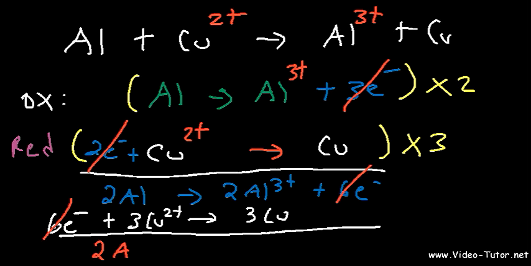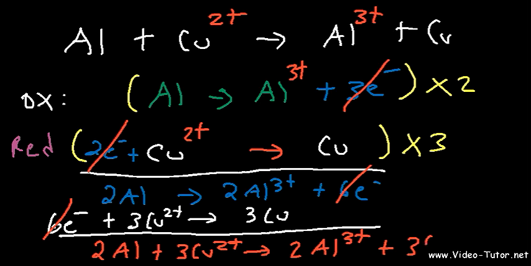And then we're left with 2Al plus 3Cu2 plus. And on the right side, we have 2Al3 plus 3Cu. And now it's balanced. Notice that the total charge on the left side is the same as the total charge on the right side. 2 times 3 is 6, 3 times 2 is 6. Both sides have a total charge of plus 6.